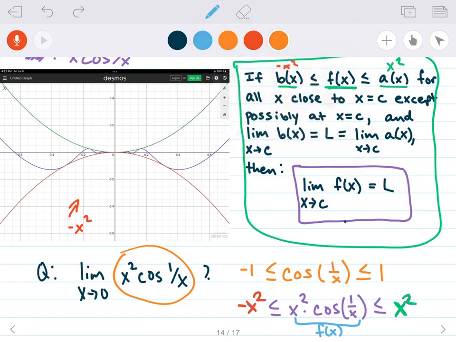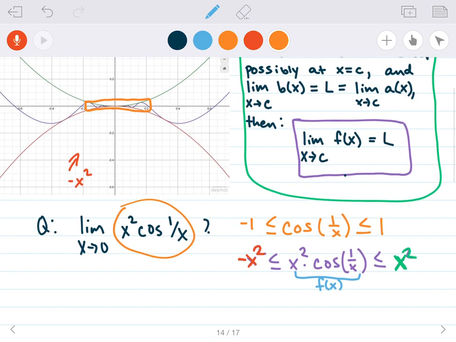Maybe we can draw a box around it like this. So when x is close to 0, this purple function is sandwiched between the green and the red function, as we have here with this inequality. So, all right, what does this tell us? Well, what's the limit as x goes to 0 of negative x squared?